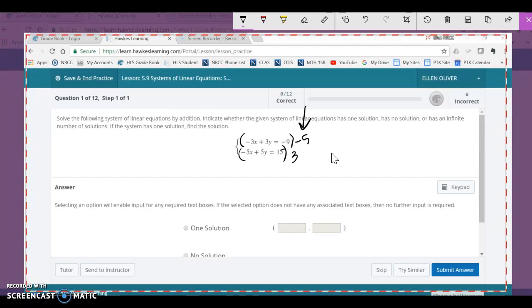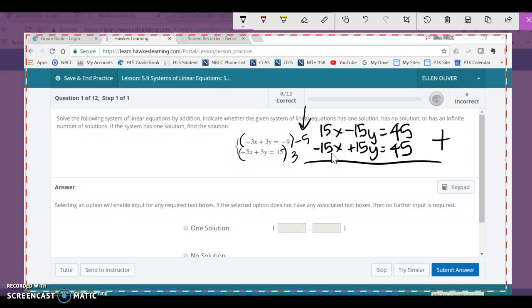So I'm going to distribute here: negative 5 times negative 3, 15x. Negative 5 times positive 3 is negative 15y. And negative 9 times negative 5 is positive 45. Now I'm going to do this guy times 3, so he becomes negative 15x plus 15y equals 45. So I'm going to add these two together.